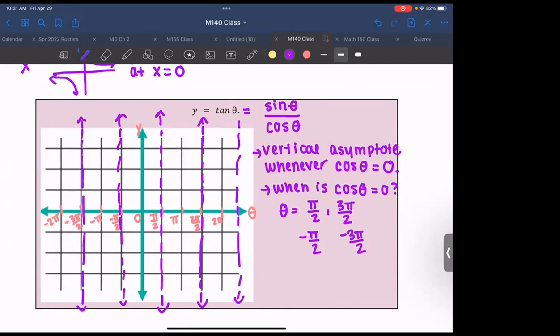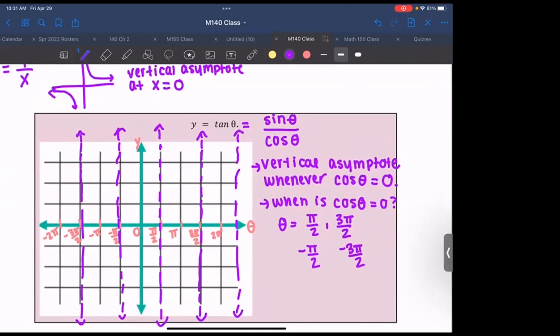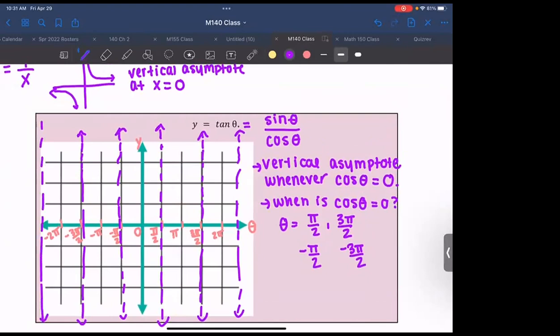You don't have to, but I'll draw it anyway. And 2 blocks in the negative direction get us this one, right? So it looks like tangent has this pattern: every 2 blocks, we will have a vertical asymptote. Any questions so far?